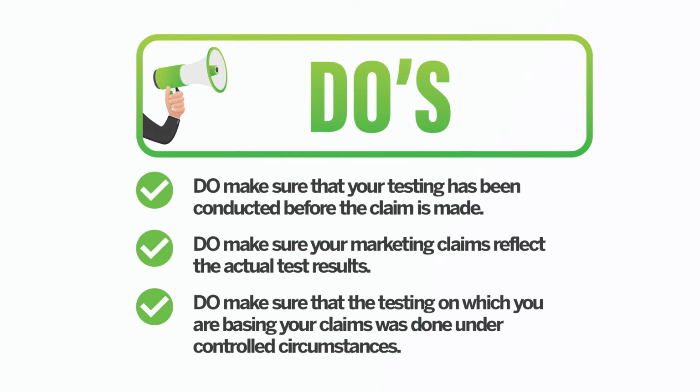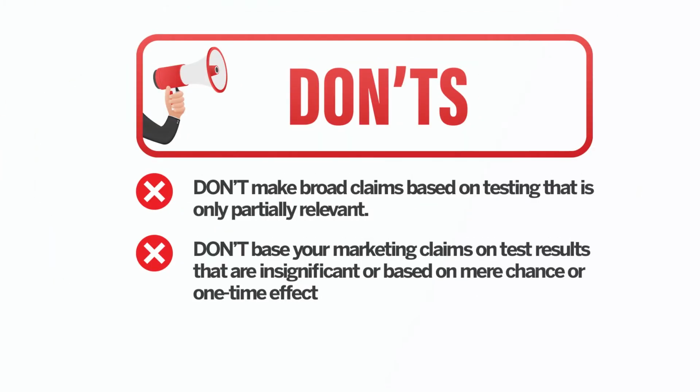Do make sure that your testing has been conducted before the claim is made. Do make sure your marketing claims reflect the actual test results. Do make sure that the testing on which you are basing your claims was done under controlled circumstances. Don't make broad claims based on testing that is only partially relevant.